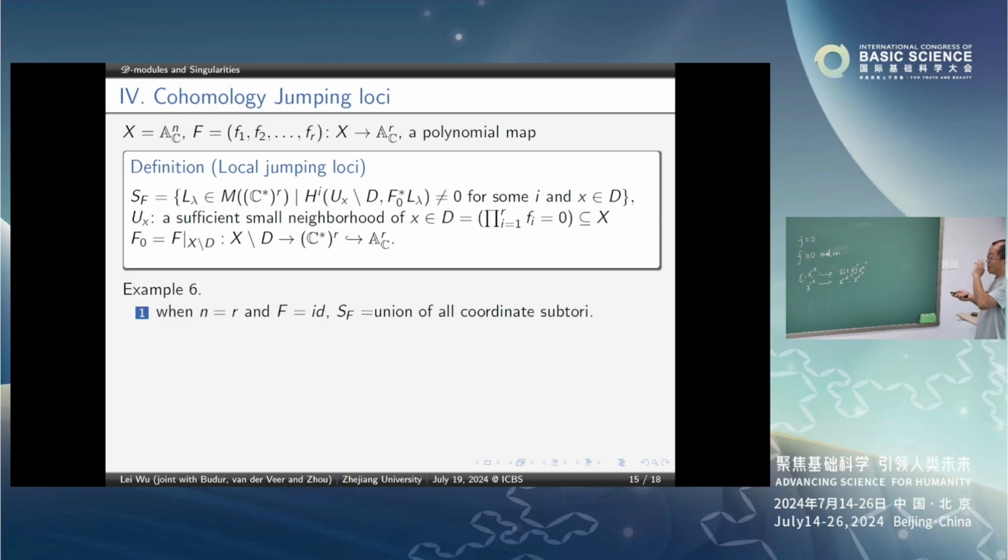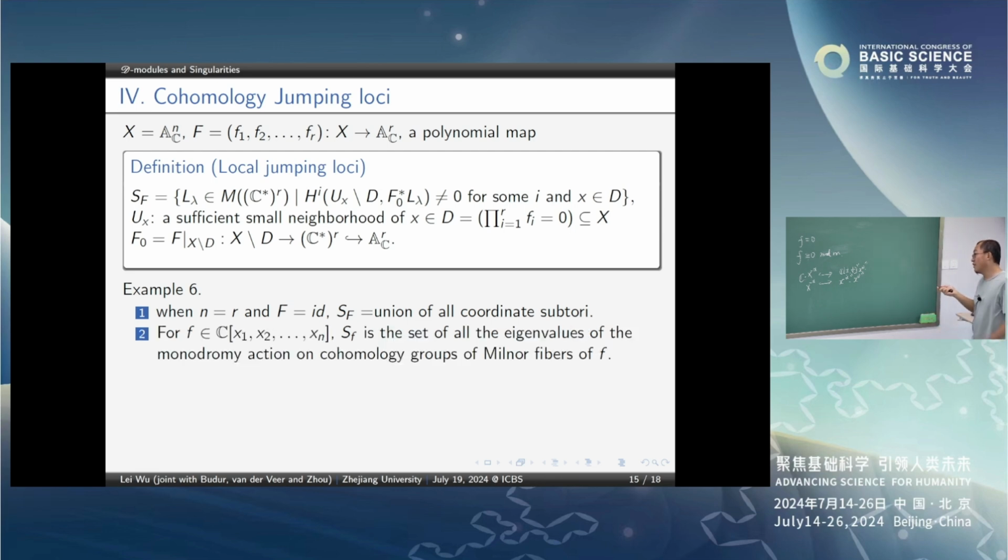Okay, and then if n and r are the same, then this polynomial map is the identity map, and then S_F is just a union of all coordinate subtori. Actually, the example we were looking at in the very beginning is just the case when r and n are equal to 1. Okay?